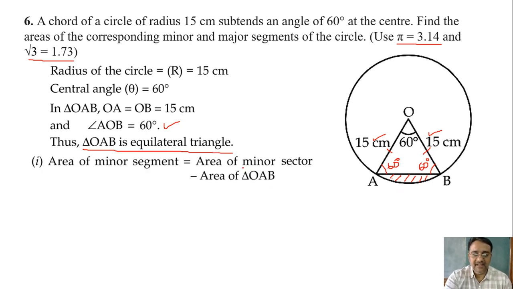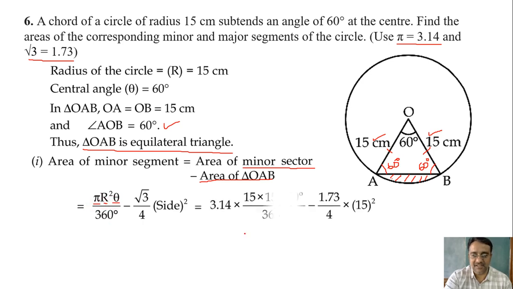So the formula for area of minor sector will be theta upon 360 into pi r square, and this is an equilateral triangle, so root 3 upon 4 side square. So we'll substitute all the values, 3.14, 15 into 15, 60 upon 360, and root 3 upon 4 side square, that is 15 square. The value of root 3 is given.